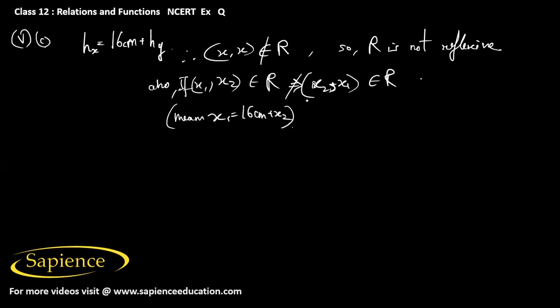So now x2 I can't write as x1 plus 16. So x2 comma x1 does not belong to the relation R. So R is not symmetric.